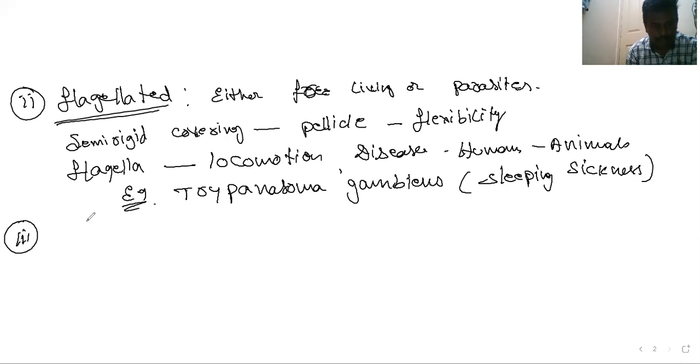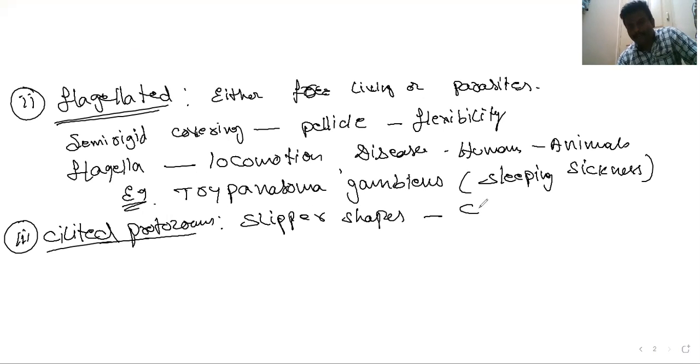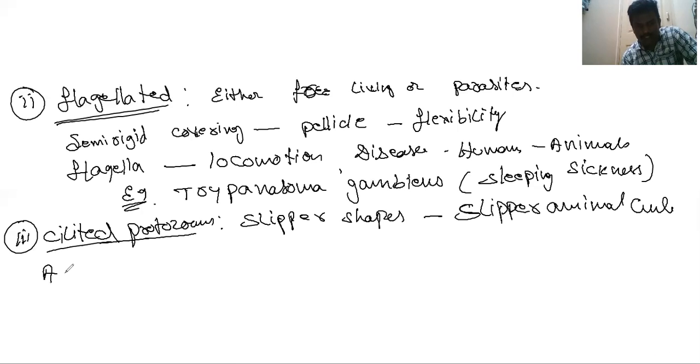Next, the third one is ciliated protozoans. They have a characteristic slipper shape, which is why they are called slipper animalcule. They are aquatic in nature and actively moving organisms.